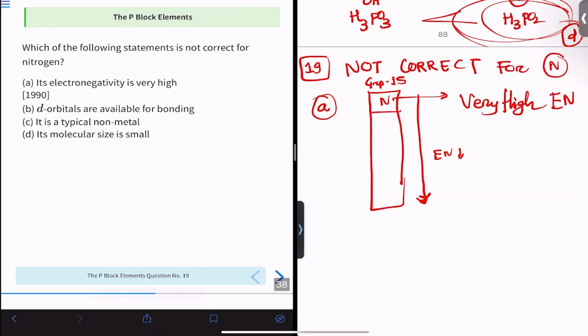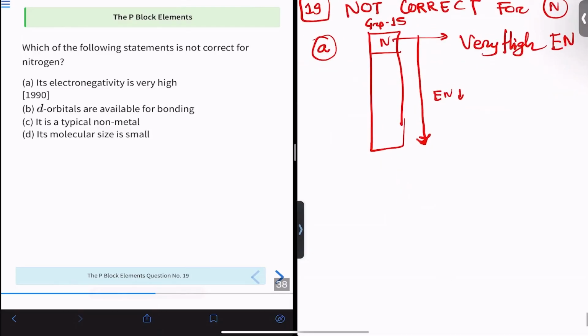Then coming to option B, d orbitals are available for bonding. Does nitrogen have d orbitals?